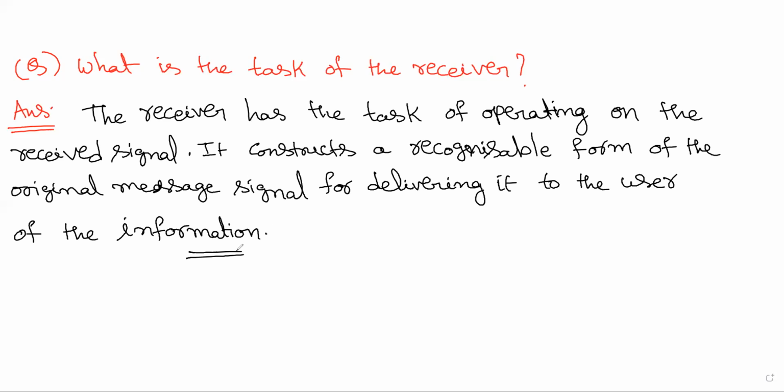It constructs a recognizable form of the original message signal for delivering it to the user of information. So this is the task of the receiver. They can also ask what is the job of the receiver. This is the answer for this question.